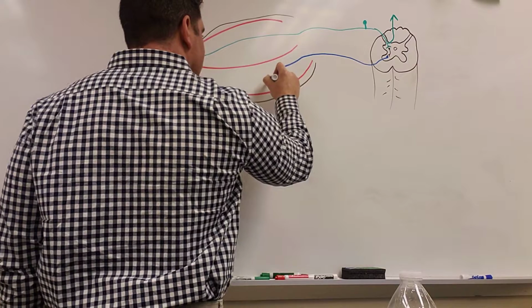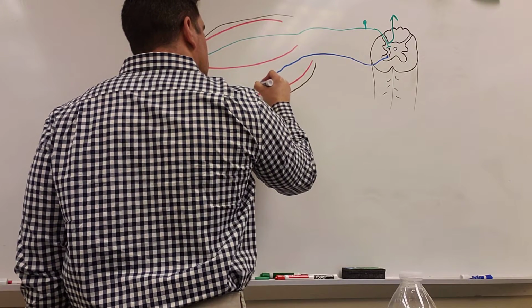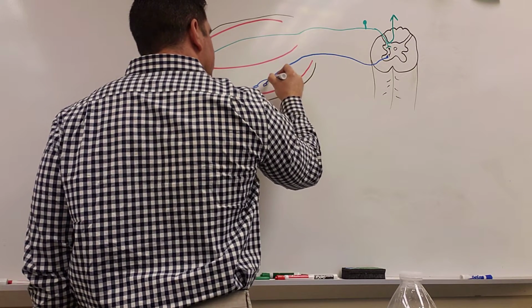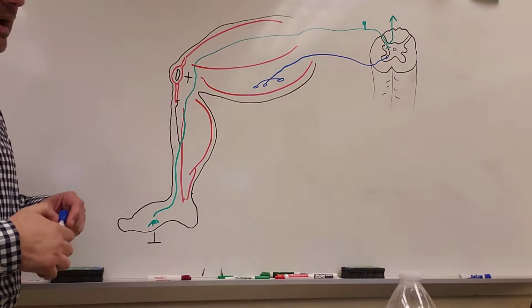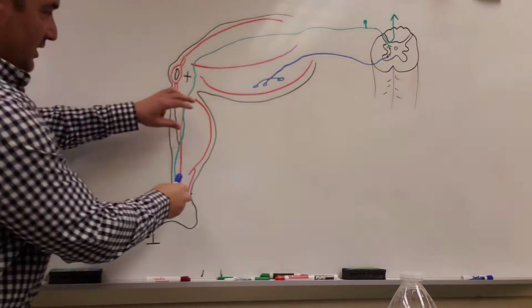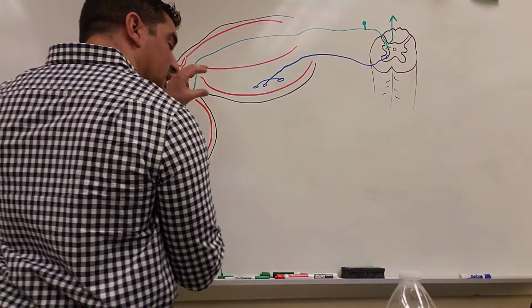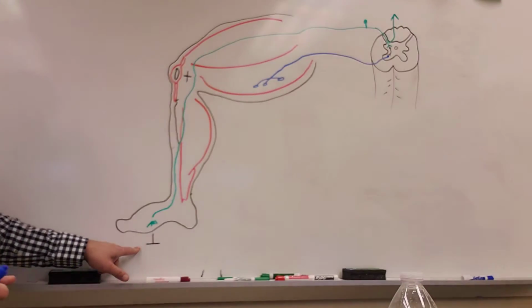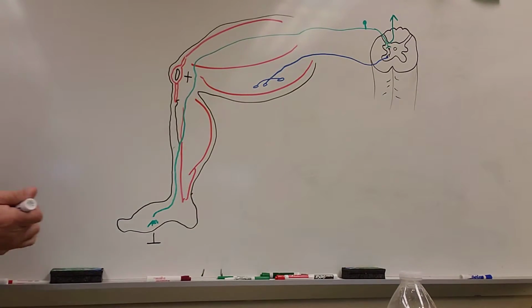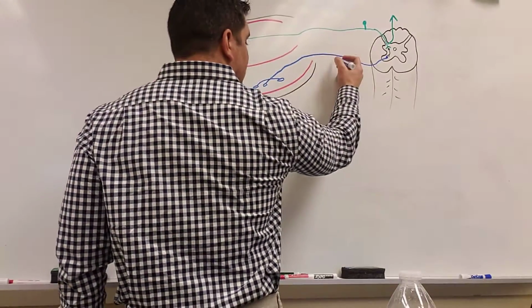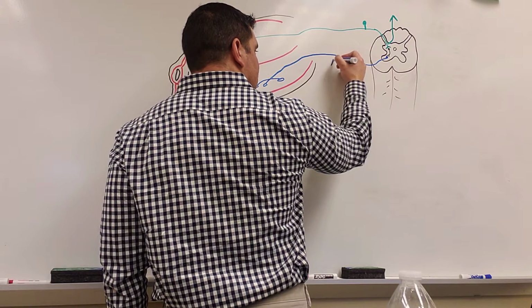And then that's going to synapse with your alpha motor neuron out the ventral horn, ventral root, and that's going to innervate muscle. Here's your neuromuscular junctions, and that's going to innervate the muscle to contract and withdraw your foot away from that painful stimulus. Okay? And this is called the withdrawal reflex. So this is an excitatory signal.